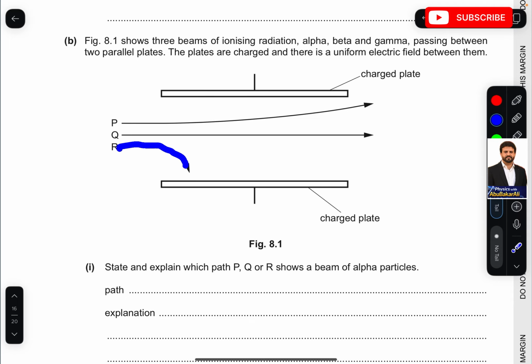R is bending more, whereas P is bending less. Why is it bending less? The more massive things bend less. You need more force to bend a massive object. So alpha is massive, so this P is alpha. Beta is lighter than alpha, so it will bend more. So we will write down P and we will explain why.